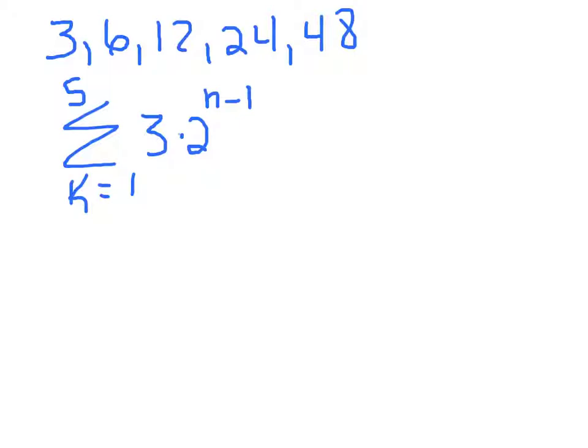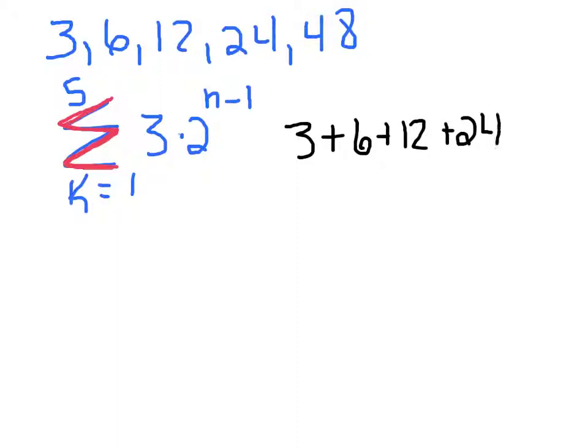Oh, I think I forgot to say that this is called summation notation, but that actual Greek letter is sigma, the capital sigma. And so what I'm doing in this problem is I'm taking 3 plus 6 plus 12 plus 24 plus 48.